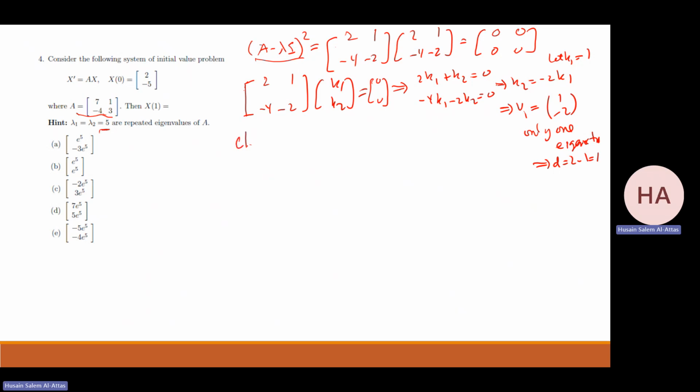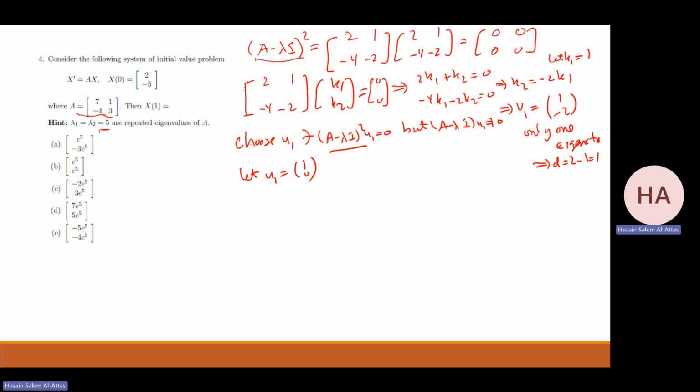So now I choose u1 such that A minus lambda I squared u1 equals 0. I have no restriction here, but A minus lambda I u1 should not equal 0. So I let u1 be 1, 0. I think it will work.